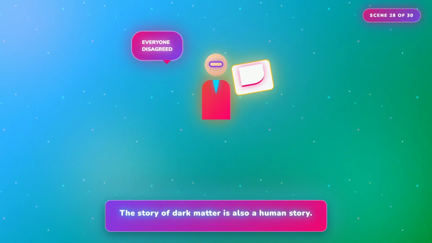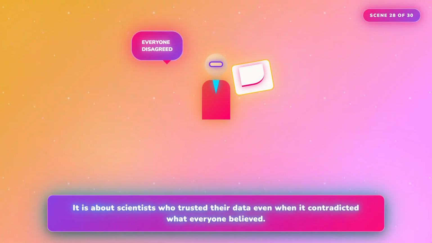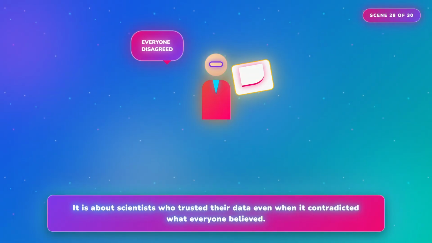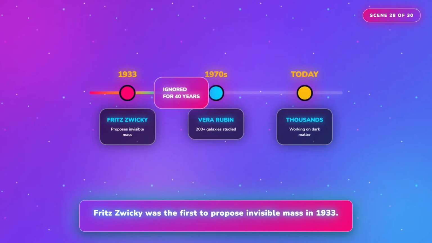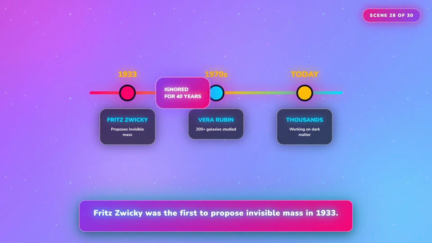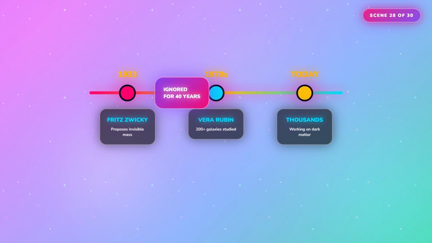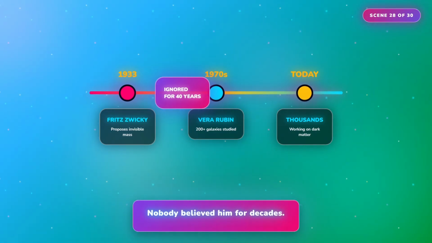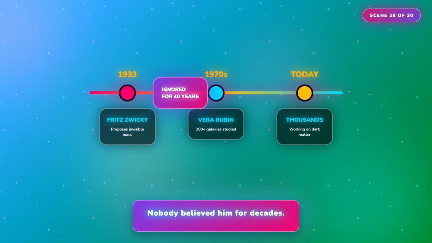The story of dark matter is also a human story. It is about scientists who trusted their data even when it contradicted what everyone believed. Fritz Zwicky was the first to propose invisible mass in 1933. He studied galaxy clusters and found they were moving too fast. Nobody believed him for decades.